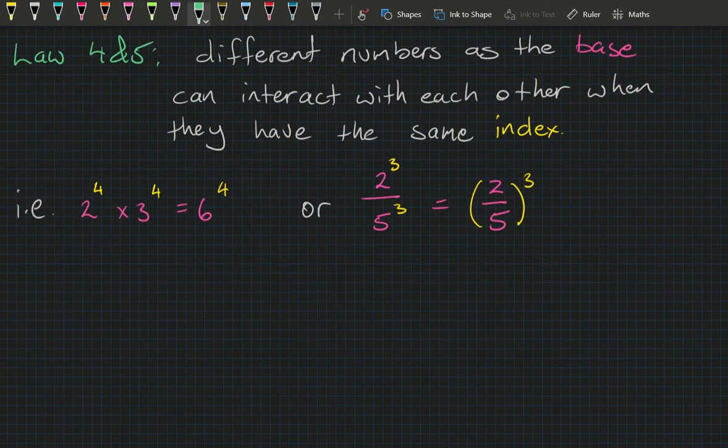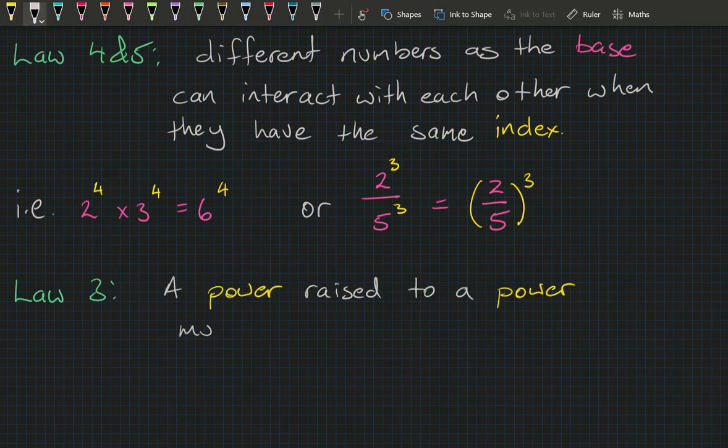Well, law 3 is saying that a power raised to a power just multiplies those indices. Okay, hopefully you're comfortable switching between powers and indices as basically meaning the same thing. It just sounds silly if I said an indice to an indice, okay?